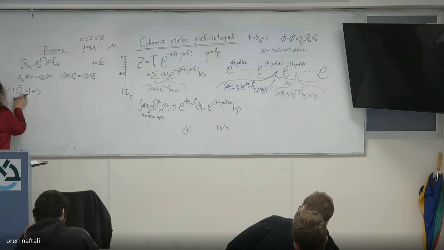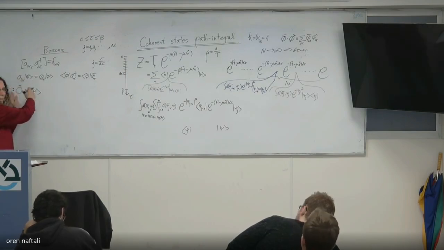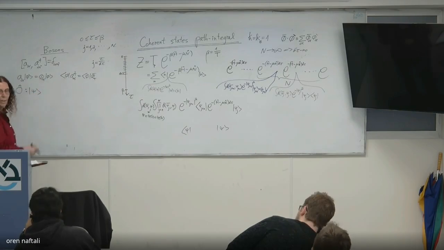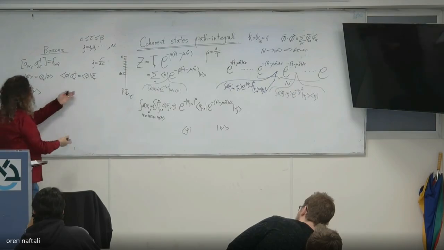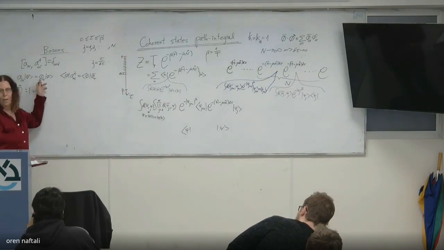So I know that, again, this is a product of A dagger, A dagger, A dagger, and then A's. Okay? All the A's, when they act on psi, what do they give me? Because it's an eigenstate, they're just going to give me the product of the alphas, right?